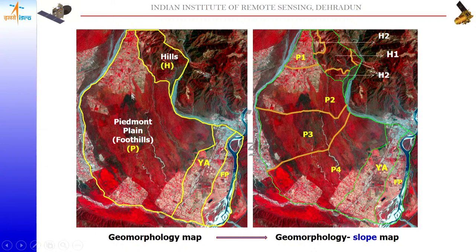The foothills, in the earlier geomorphology map, were one big unit. This big unit has been divided based on the topography: higher slope, moderate slope, gentle slope and mid slope, moderately low. So three units I have divided, and for dividing this I have taken help of the digital elevation model and drainage pattern.